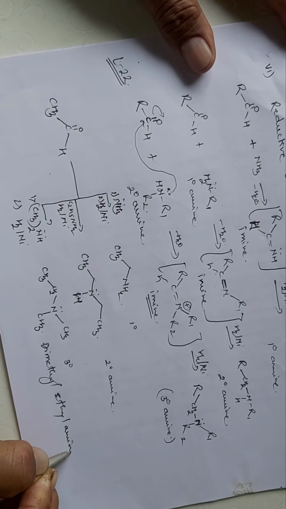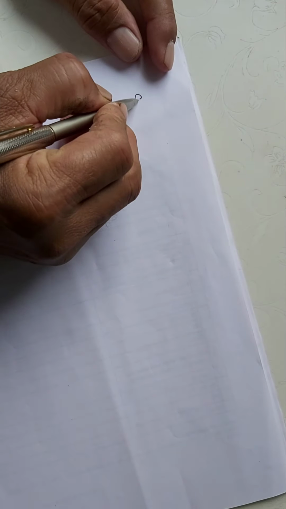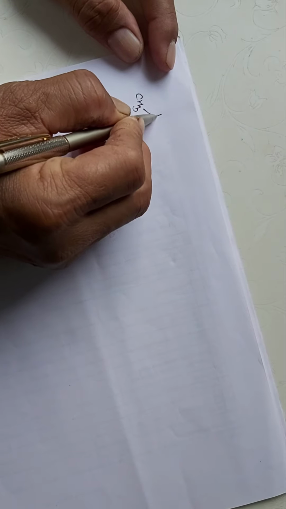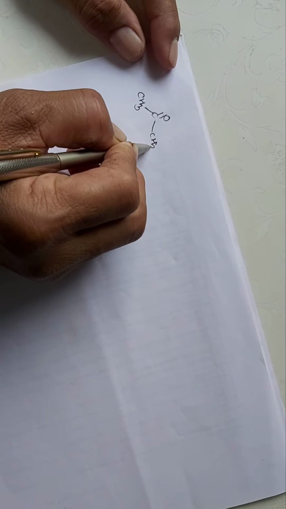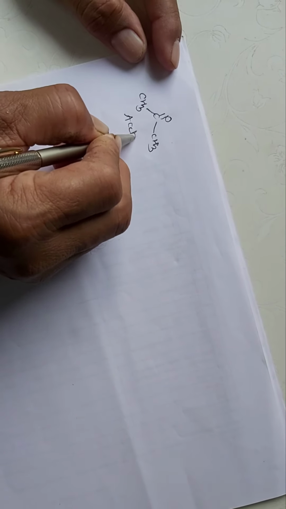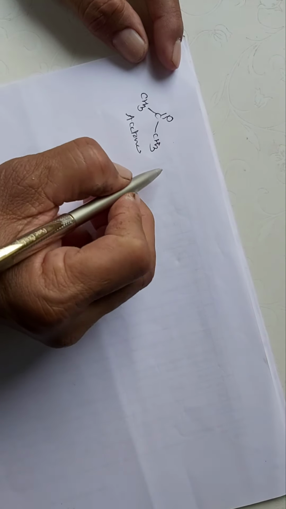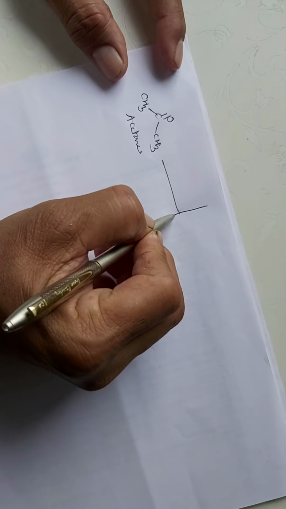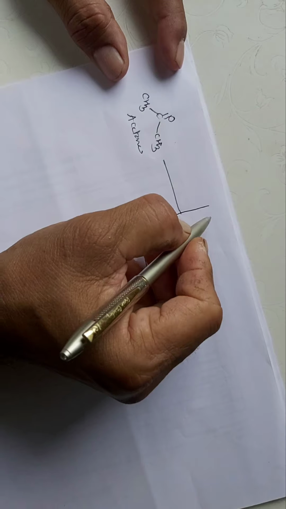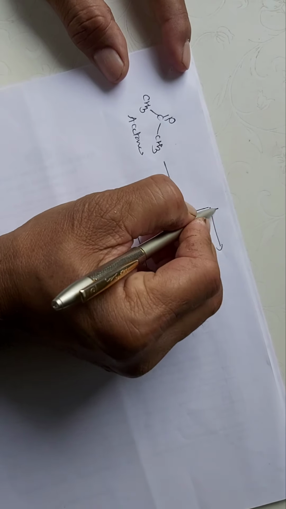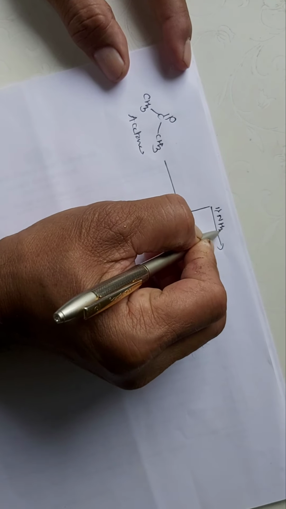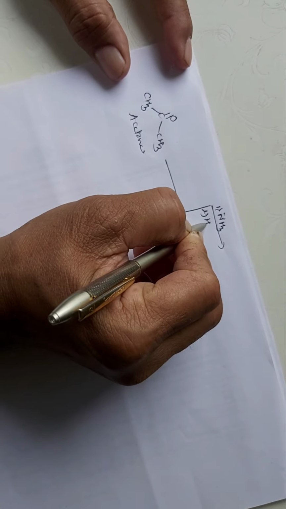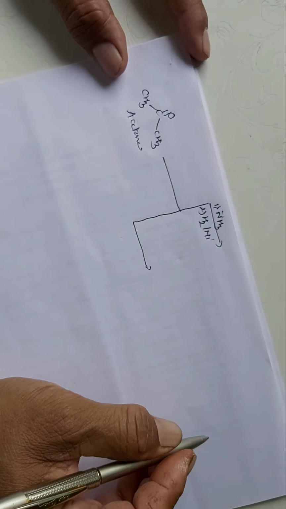In the same way, it reacts with the ketones, and when it reacts with the ketone, that is your acetone, CH3 C double bond O CH3, the reaction is taking place in the same way, the same mechanism is followed, and it reacts with the different types of reagents. Suppose first it reacts with ammonia, and in the second step it is reduced with hydrogen and nickel.